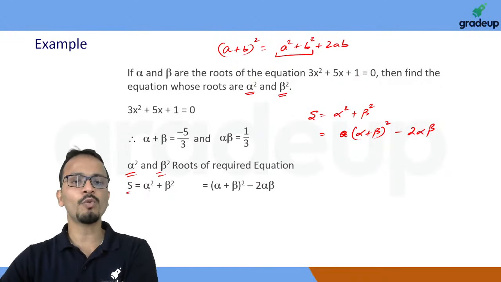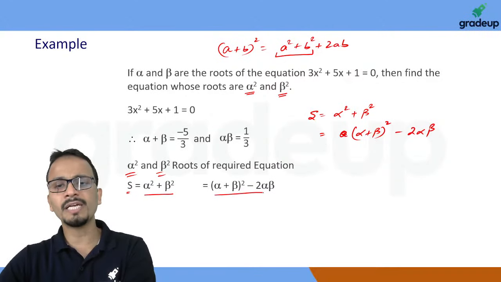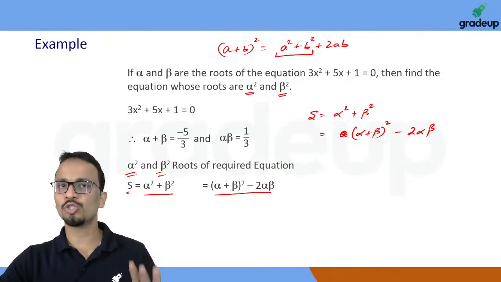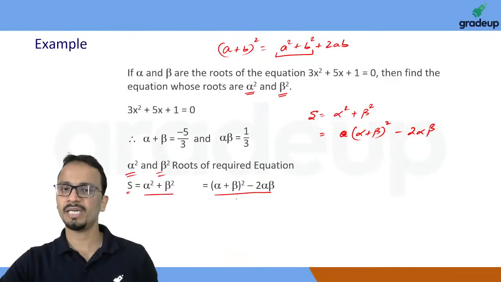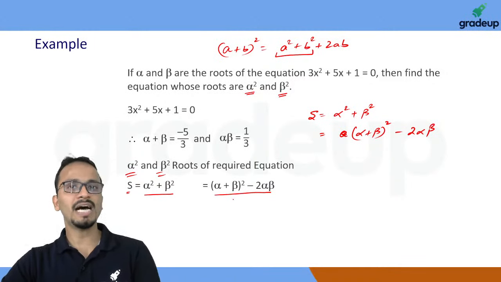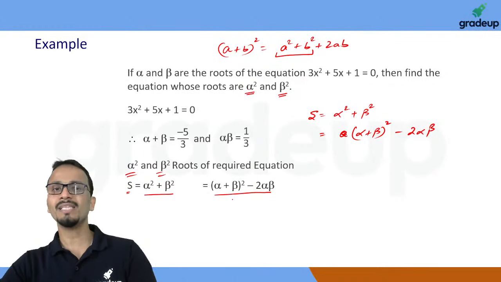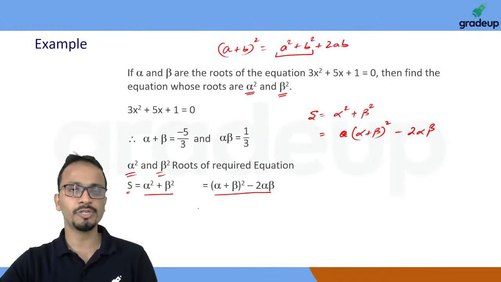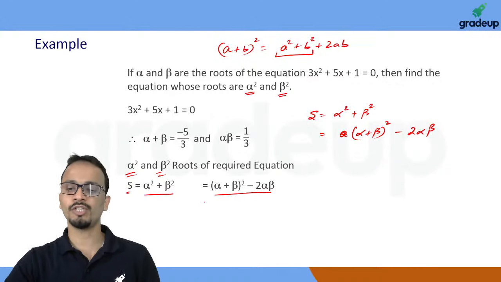So the sum of the roots of the required equation is alpha square plus beta square, which can further be written as alpha plus beta whole square minus 2 alpha beta. Now friends, we already have the values of alpha plus beta and alpha into beta. So you can substitute these values in this expression to find the sum of the roots.